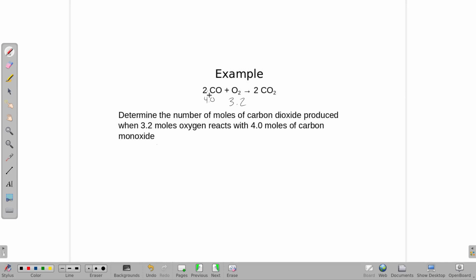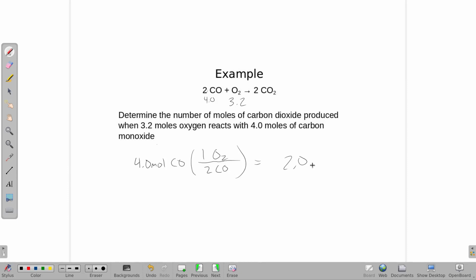All right, I think a much easier way to see what's going on here is to compare the species together. I'm going to do just one calculation. I'm going to take the 4 moles of carbon monoxide and look at the stoichiometric ratio between the carbon monoxide and the oxygen, the other number I gave. It's a 1 to 2, so 4 divided by 2 is 2.